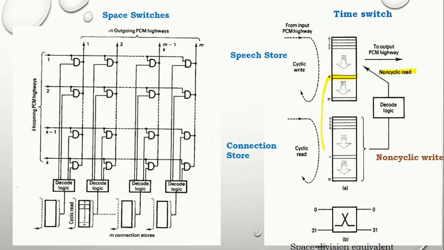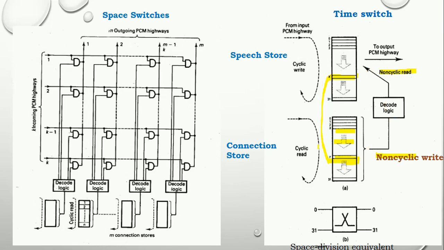Afterwards the cyclic read is done in the connection store, that is in the Y slot. And whenever you are writing it, it is non-cyclic. That means whenever you need middle slots, you can write it, and you can connect it easily. As you have 2 stores, it is easy for the connection, and these will be decoded again, and this will be connected.